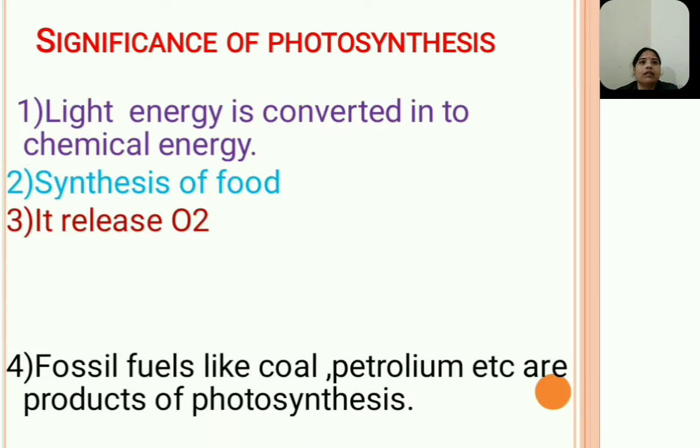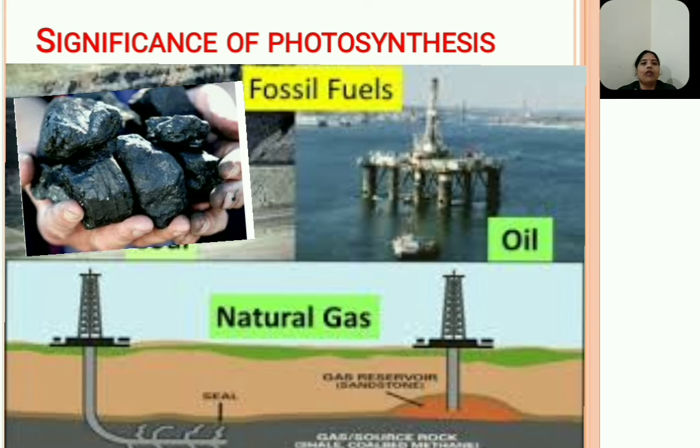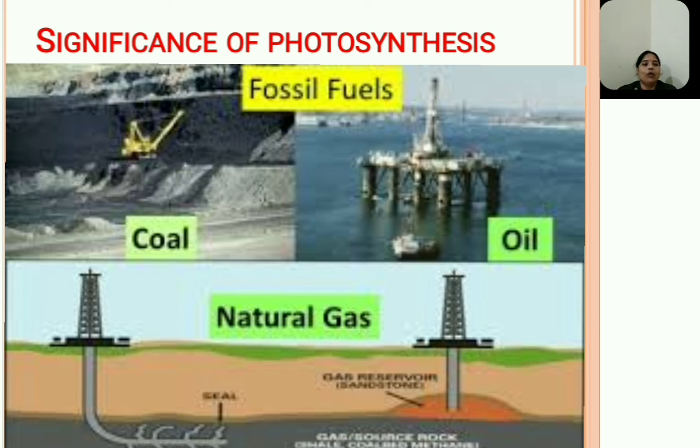After the third significance, the next is that various types of fossil fuels like coal, petroleum and natural gas were produced by photosynthesis that occurred in the geological past.